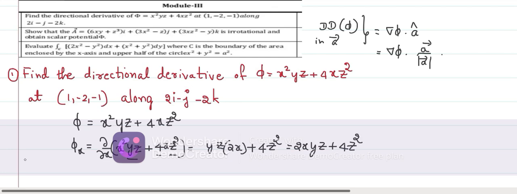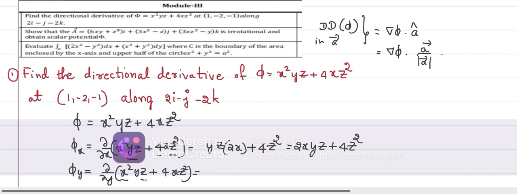Okay, yeah. So let us calculate the partial differentiation of phi with respect to y. That is dou by dou y of x square yz plus 4xz square. So we are doing partial differentiation with respect to y, so x and z are constant.